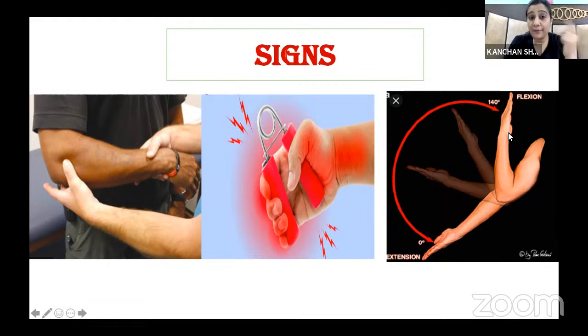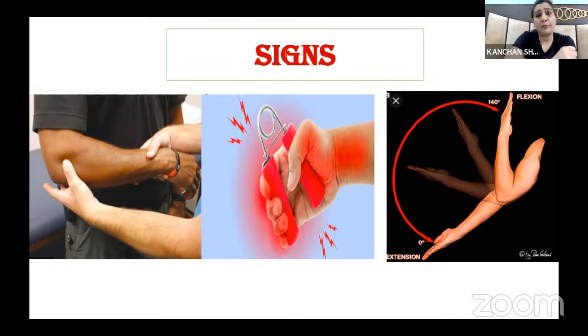But remember one thing: flexion and extension at the elbow is going to be normal, because we have learned that flexion is by brachialis and biceps, and extension is by triceps. We don't have any problem in these two muscles. Sometimes the patient may complain of pain when pronating, though this is not seen many times.